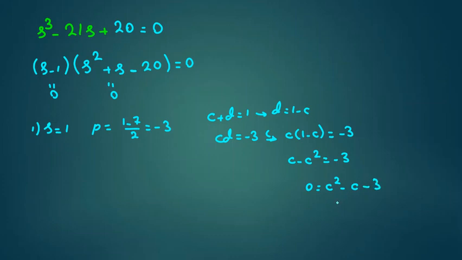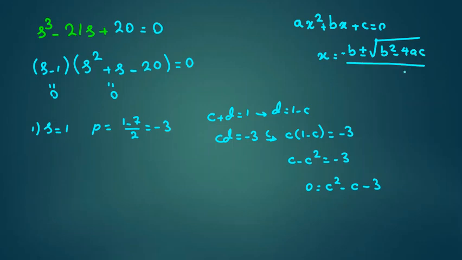Now if you use the quadratic formula, if you have ax squared plus bx plus c equals 0, x equals negative b plus minus square root of b squared minus 4ac, all over 2a. Okay, let's use it here. C is 1 plus minus root of 1, b squared minus 4ac, negative 4 times negative 12 over 2. This will be 1 plus minus root 13 over 2.